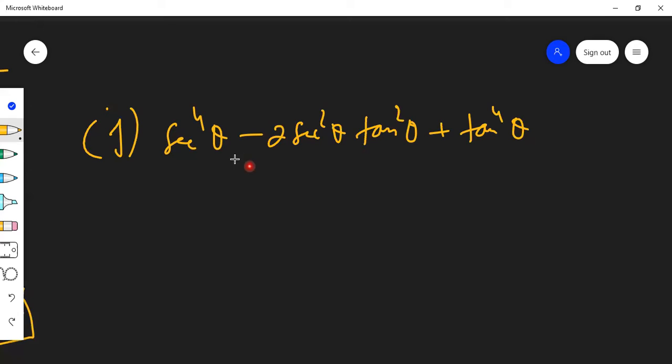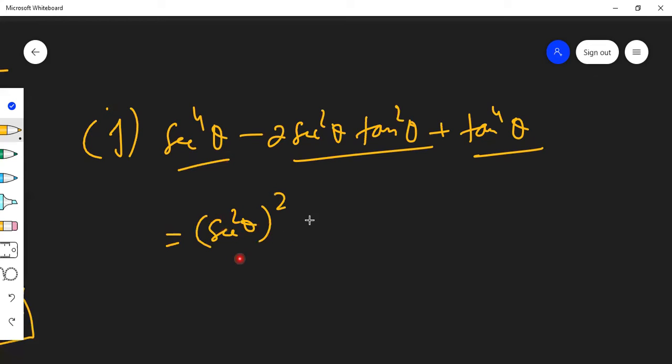If we look carefully, it's in the form a squared minus 2ab plus b squared. So this can be written as sec squared theta whole squared, which is a squared, minus 2 sec squared theta tan squared theta, which is minus 2ab, plus tan squared theta whole squared.